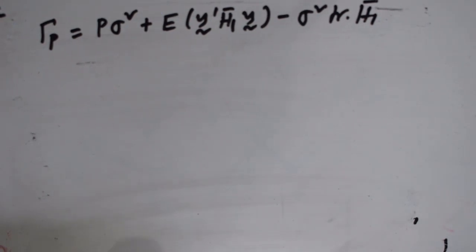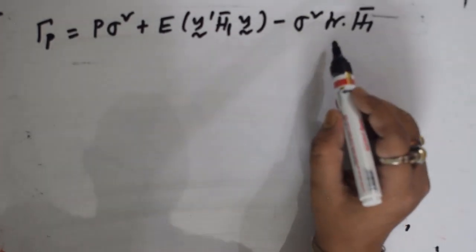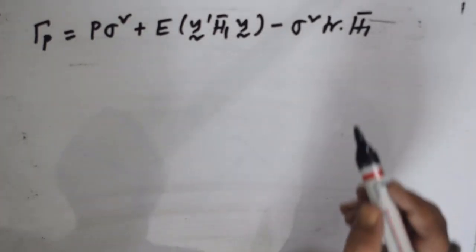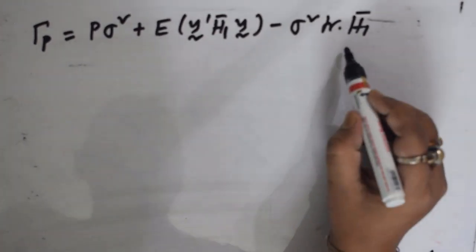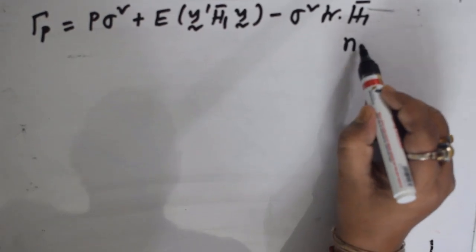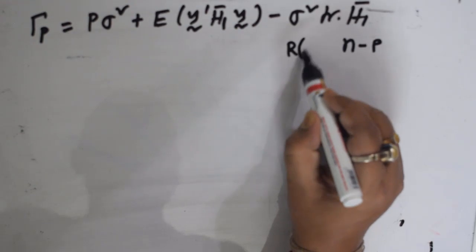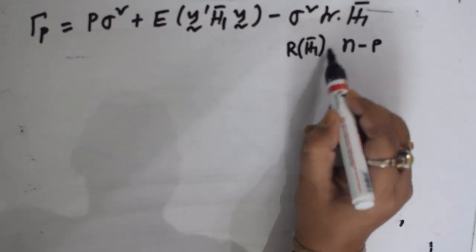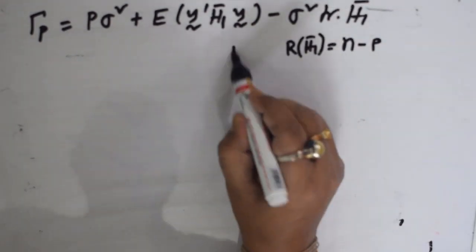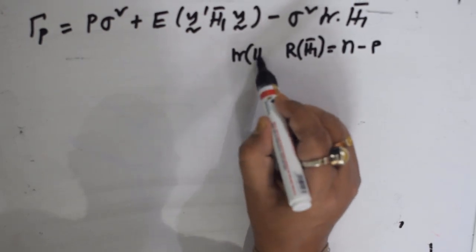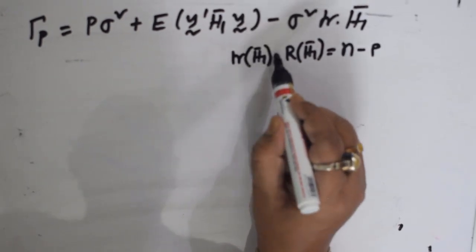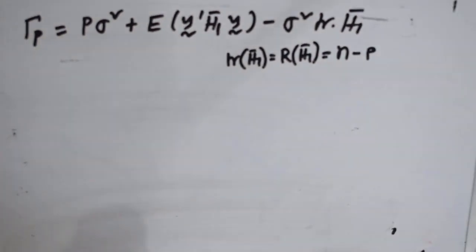And h1 bar is an idempotent matrix and the rank of h1 bar is n minus p. So the trace of h1 bar equals n minus p.